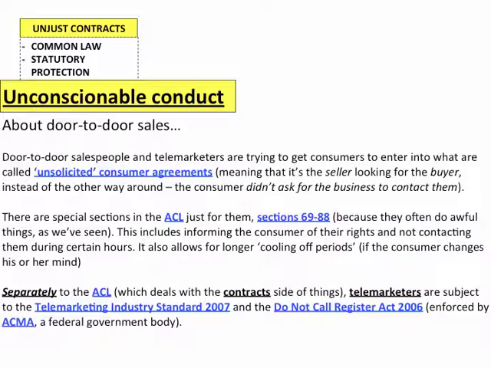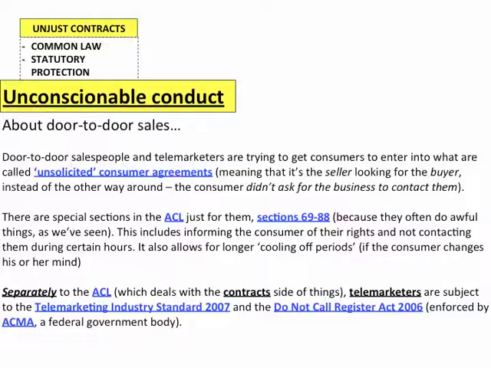And the Do Not Call Register Act is enforced by ACMA, which is a federal government body, to make sure that door-to-door salespeople, and really anyone trying to get an unsolicited consumer agreement from a person, follow not just the ACL, but also these additional standards. So there are things like, if you tell them to go away, they have to go away, right?